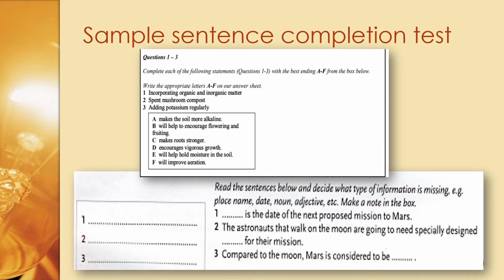So if, for example, you will be required to write the answer to the question, how often, for the frequency of an action, then you should not be writing the word week or year, but instead the words weekly and yearly, or either of the two. Okay, do not forget that, because again, for completion type of test, grammar matters.